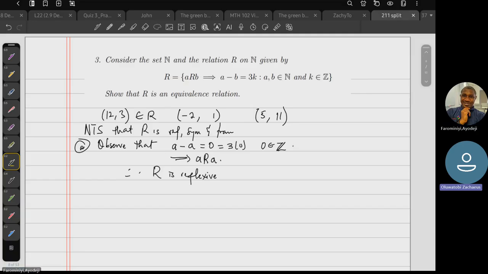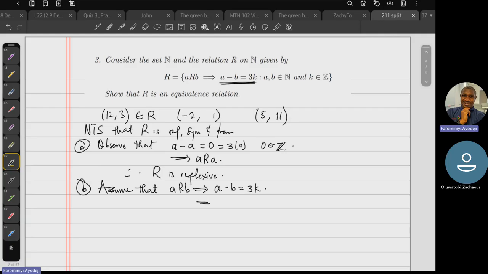Then symmetry. How do we show symmetry? We assume that A is related to B. What does that mean? By the definition, it means that A minus B is equal to 3k.